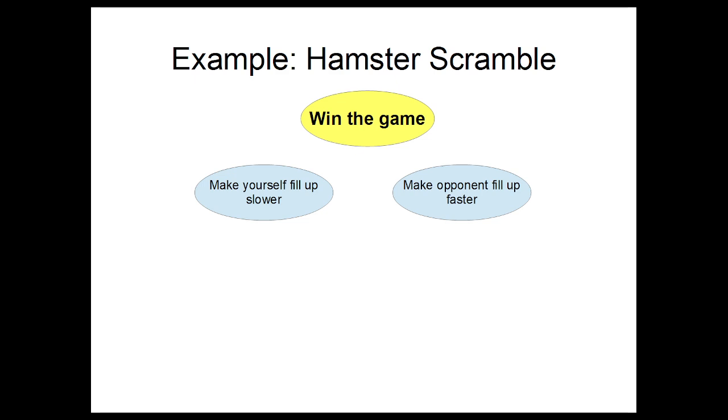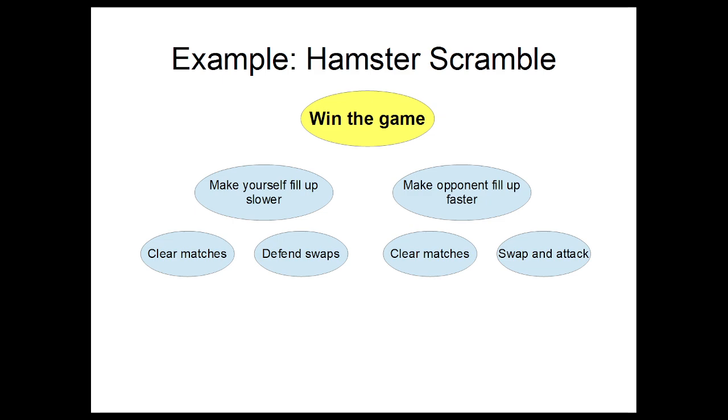To go deeper, in order to make yourself fill up slower, you have to clear matches on your side of the field to get rid of things so your field doesn't hit the bottom. Or you could also defend against swaps, so if the opponent swaps to your side of the field, you have to stop them from throwing things on your side that's going to make you fill up.